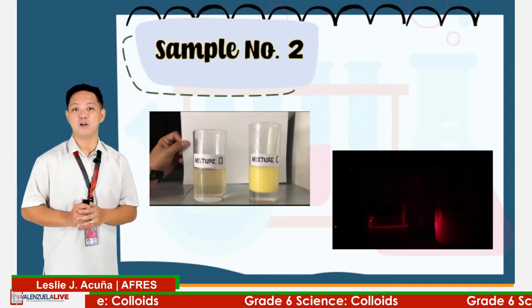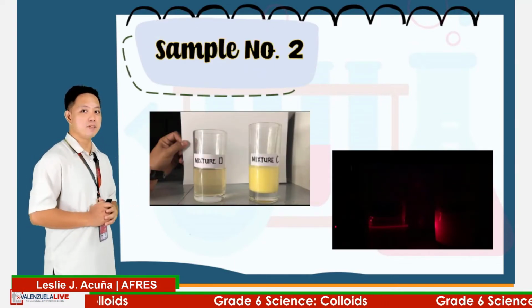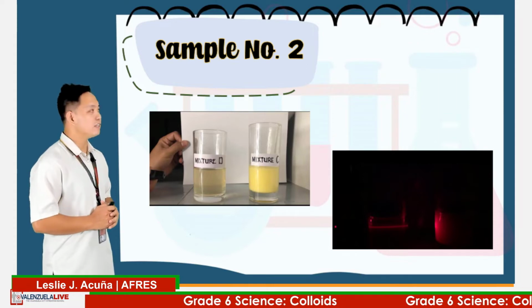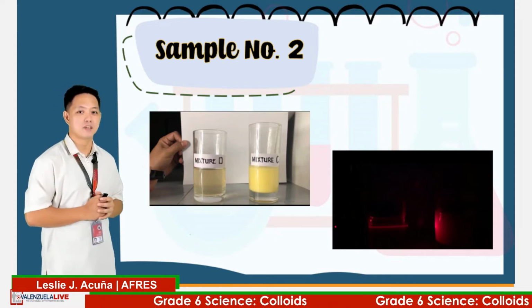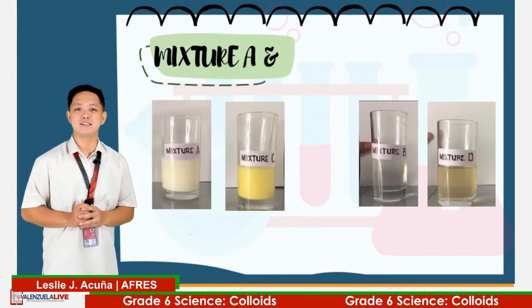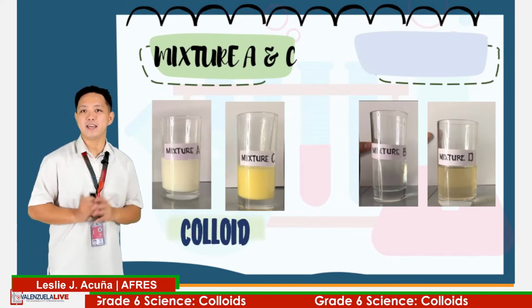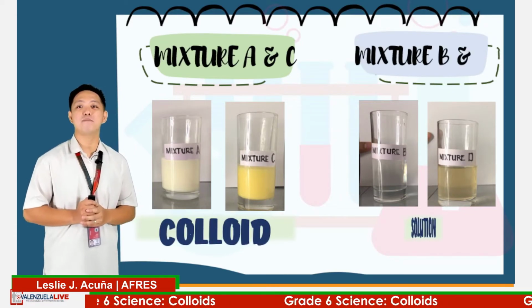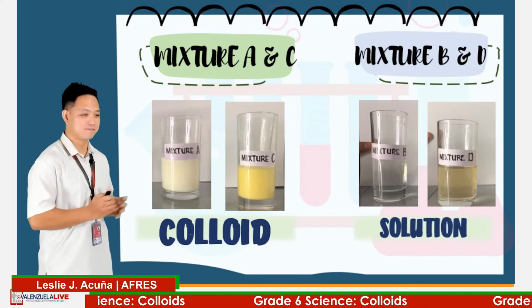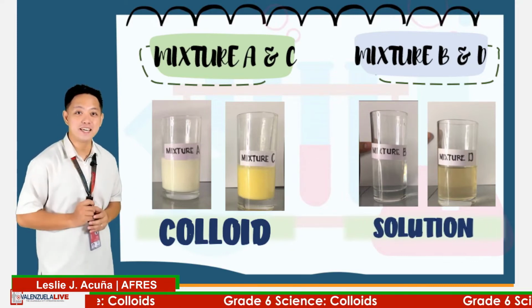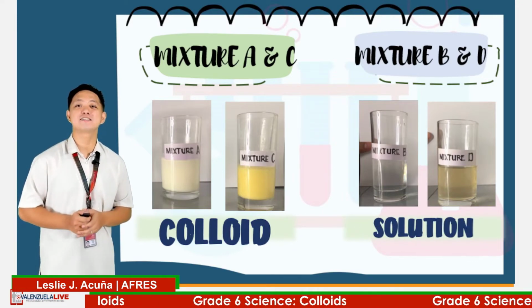Same with sample number 2. The light beam is scattered in mixture C. And therefore, we can say that mixtures A and C are examples of colloids, and mixtures B and D are solutions.